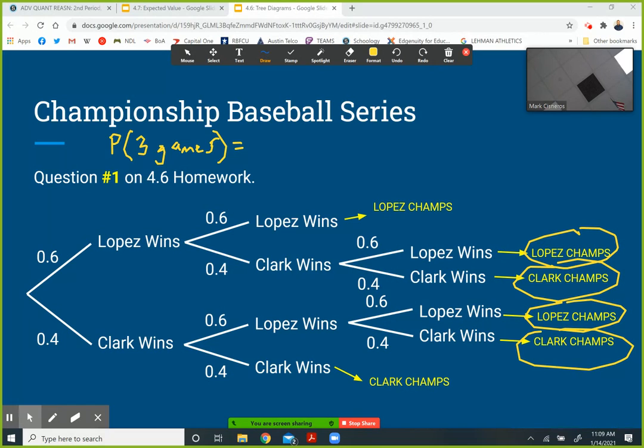So in order to answer this question, I need to find the probability of each of those outcomes and just use my calculator and multiply. So get your calculator out, and let's multiply. This first way is 0.6 times 0.4 times 0.6. What's 0.6 times 0.4 times 0.6?